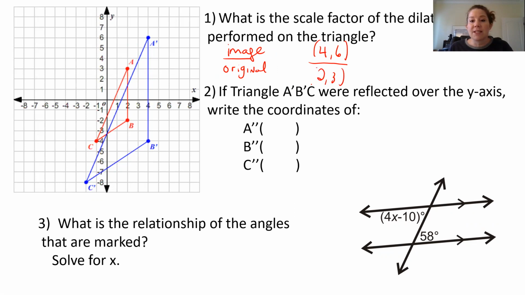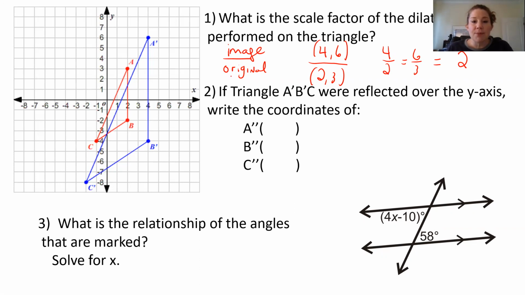If we think of these as two separate fractions, 4 over 2 and 6 over 3, they're equal, right? So the scale factor is 2. The blue triangle is twice as big as the red triangle. Don't forget, if you get that backwards, you're going to have the scale factor one half, and that's not correct.